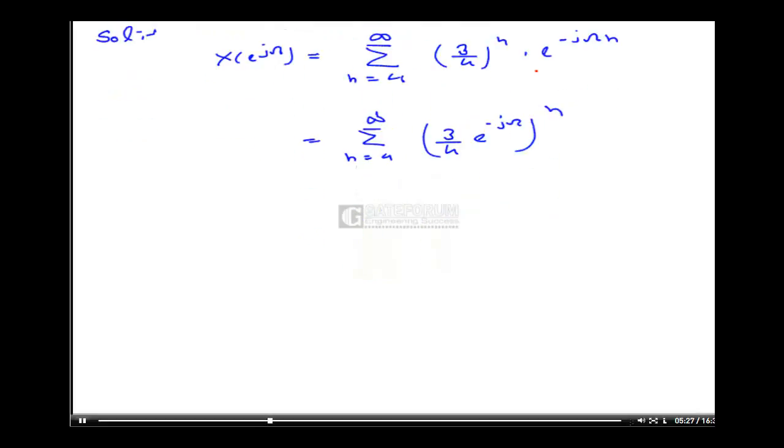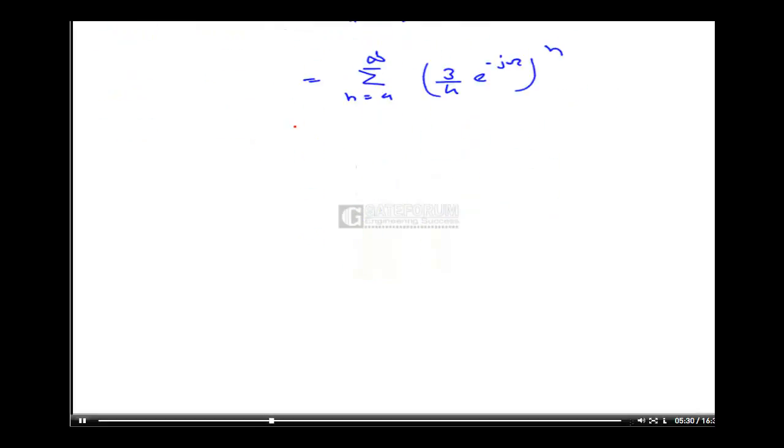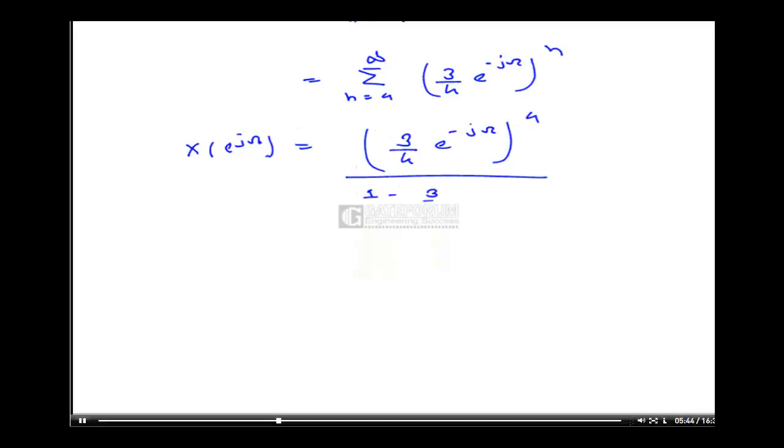Now we have to find the sum of the geometric series. This is the DTFT of the given sequence. Okay.